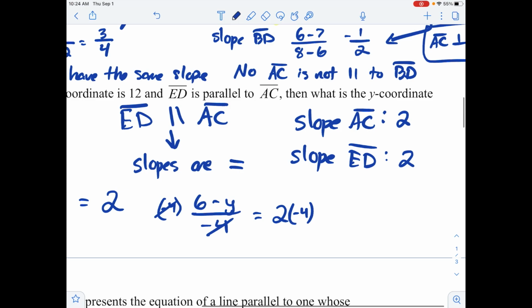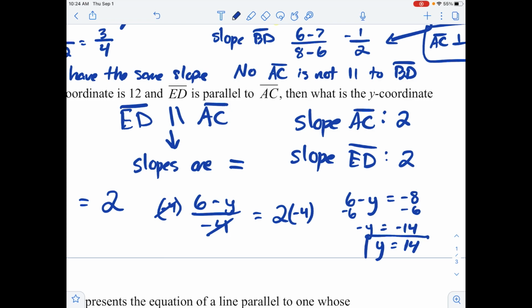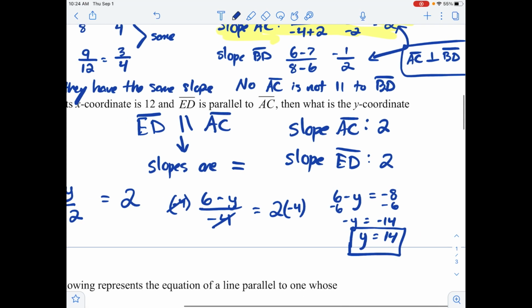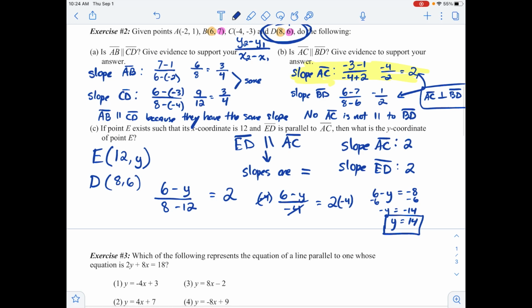So that's going to give us 6 minus y equals -8. I'll subtract 6 from both sides. I have -y equals -14. Okay, so y has to equal 14. That must be the y coordinate. So this was a little bit of an involved question because you had to use the information they gave you.